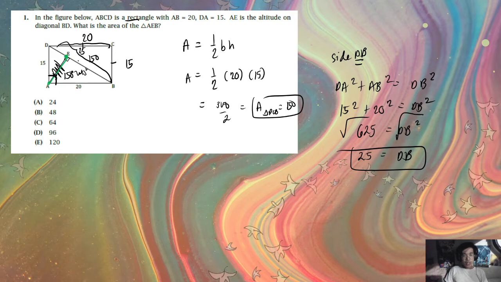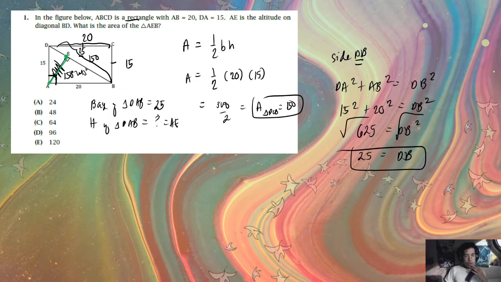Now DB here is the base of this triangle DAB. So the base of triangle DAB is equal to 25, and the height of triangle DAB is missing. So how do we find the height, which is AE for this problem?